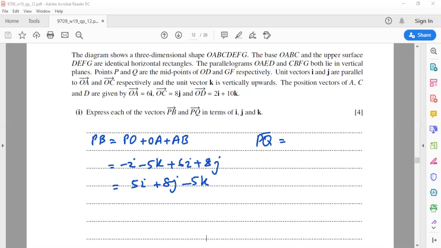Now the second one is PQ. For finding PQ, we have PD, DG and GQ.